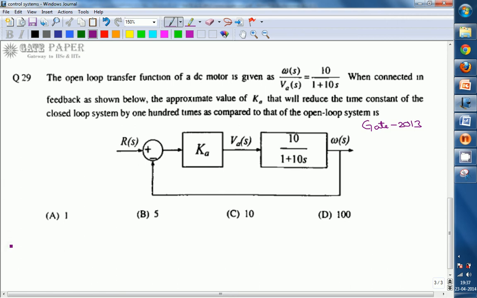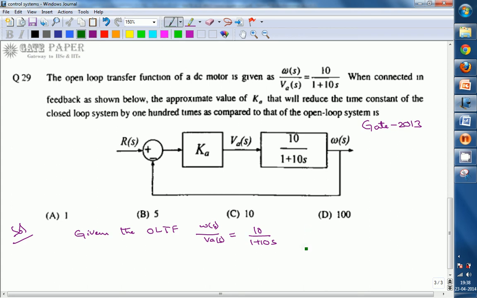So coming to the solution, given that the open loop transfer function W of S divided by VA of S is 10 by 1 plus 10S. By observing this, we can find the time constant.